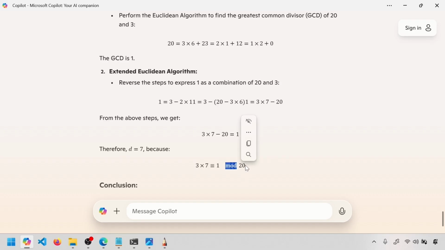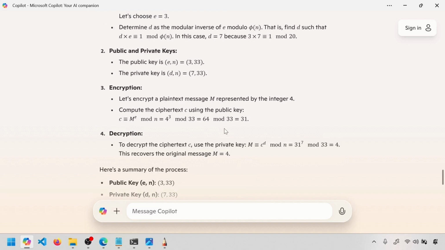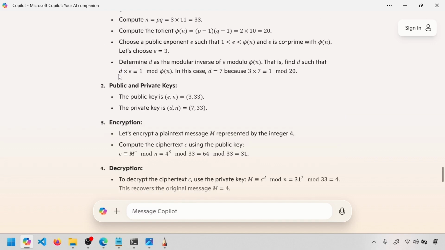Because of that, this equation has multiple solutions, and one solution is 7. That's why the 3 hyphens are there, to mention that point. Now, how do we get the d? By solving this particular equation. There could be multiple different values for d which satisfy this. Like I mentioned, in our case, we got 7 because 7 into 3 minus 20 equals 1.